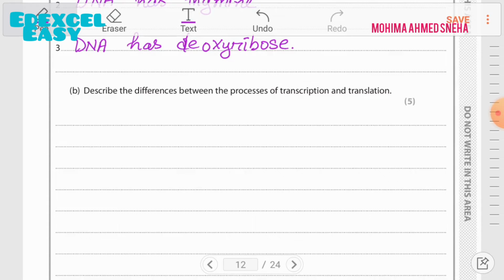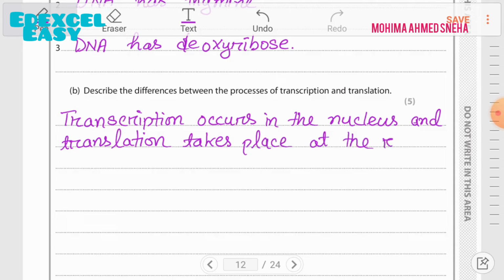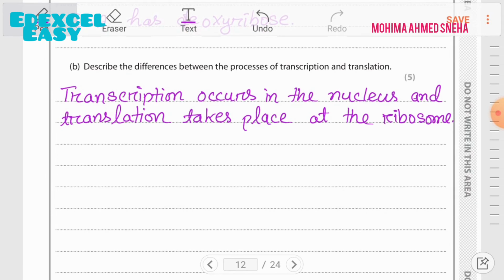Transcription occurs in the nucleus. And translation takes place at the ribosome. Transcription uses DNA, whereas translation uses mRNA and tRNA.